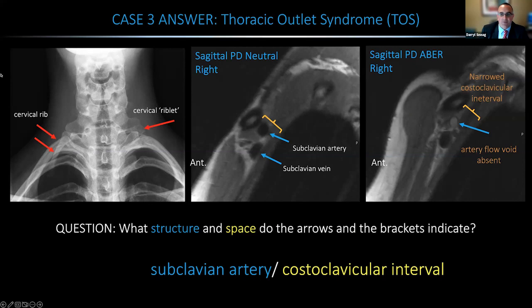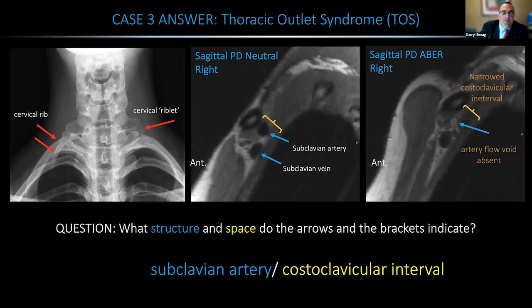So in this case, what I'm showing you is a patient with a cervical rib here on this somewhat lordotic view and a little riblet. These are structures that we look for in patients with TOS-like symptoms that may be predisposed to some type of compression or impingement on the nerves and blood vessels.